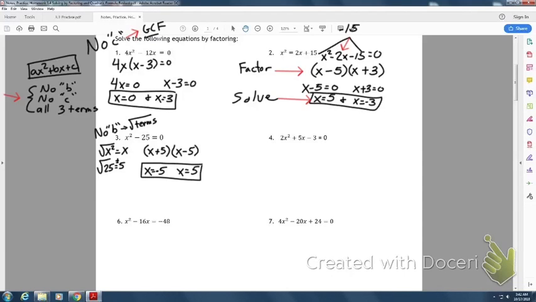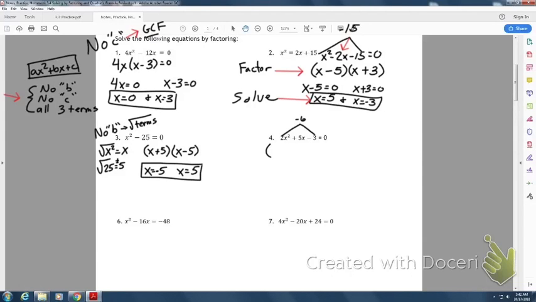Okay, let's go to number 4. It's set equal to 0. I'm good there. Greatest common factor: there isn't one. So now I'm going to do something similar to number 2. I go here. 2 times negative 3 is what? Negative 6.